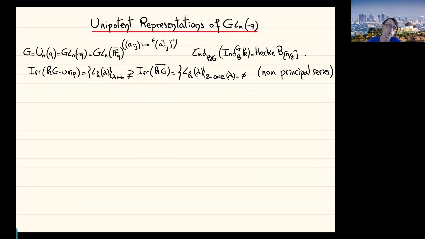The irreducible unipotent representations of the unitary group, you can write somehow as GL_n of minus q, whatever that means. They are still parameterized by partitions of n, but those of the type B Hecke algebra will be parameterized only by partitions of n with an empty 2-core. So in this induced representation, you will find only very specific simple modules as quotients, only those corresponding to partitions of n which have an empty 2-core.